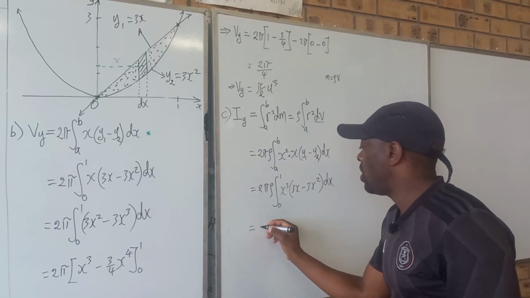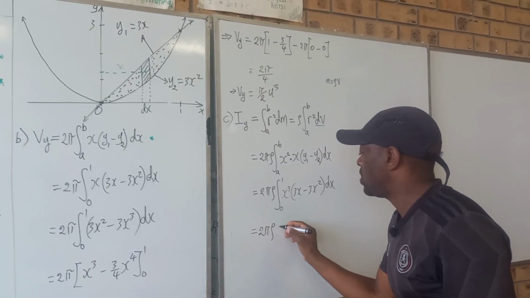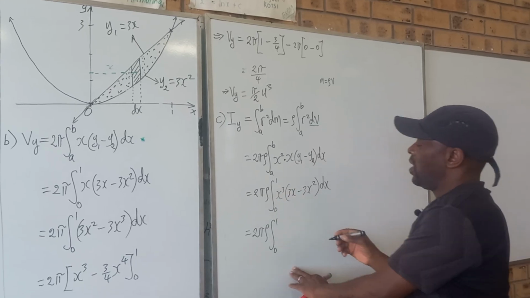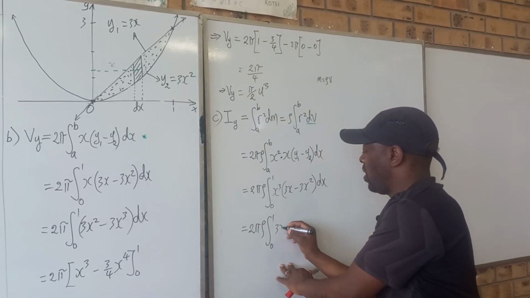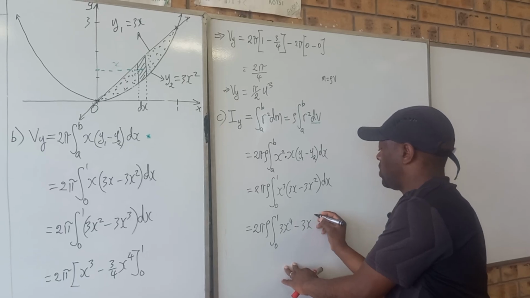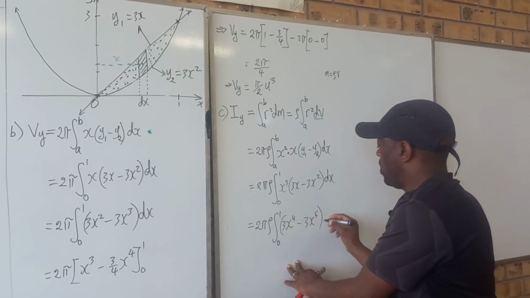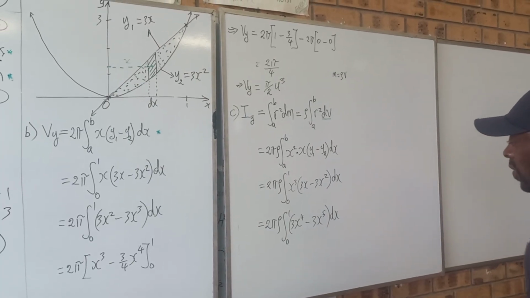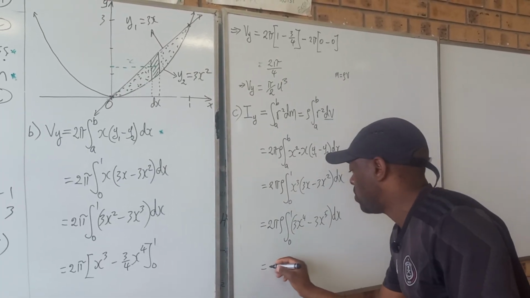Then I open my bracket, I get 2 pi density, the integral from 0 to 1. If I open my bracket, I will now get 3x to the power 4 minus 3x to the power 5. We multiply the same way. Then we go to the integration part.